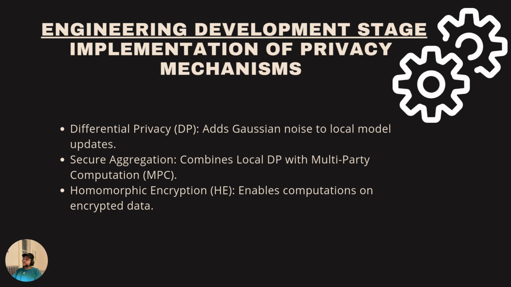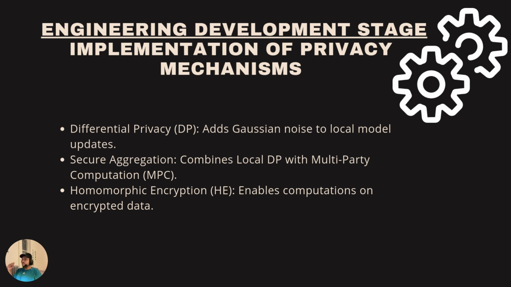In the implementation of privacy mechanisms, three key techniques ensure data privacy at every step of the federated learning process. First, differential privacy introduces Gaussian noise to local model updates on the client side before they are shared with the server. This prevents individual data points from being exposed. Second, on the server side, secure aggregation combines local DP with multi party computation, MPC.